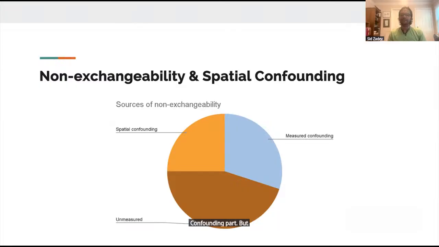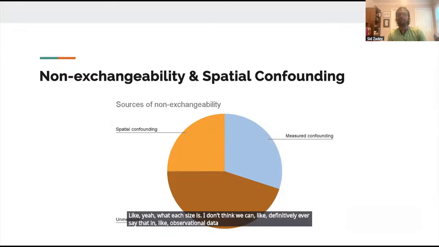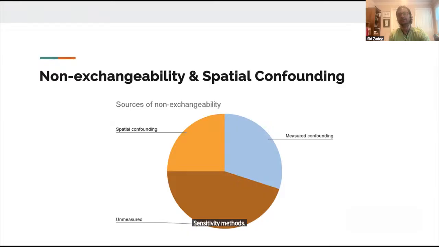But that's a good question. Can we say what each size is? I don't think we can ever definitively say that in observational data. But I do know that there are sensitivity methods that try to get at that question.